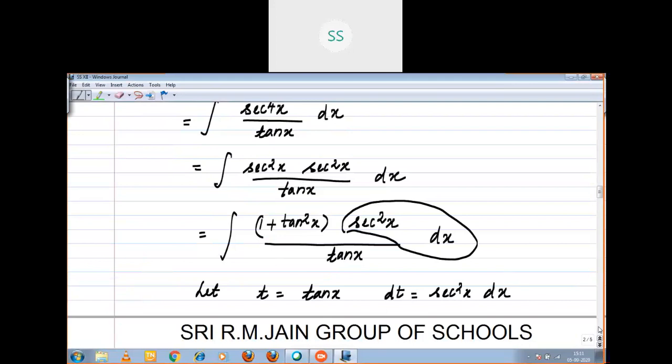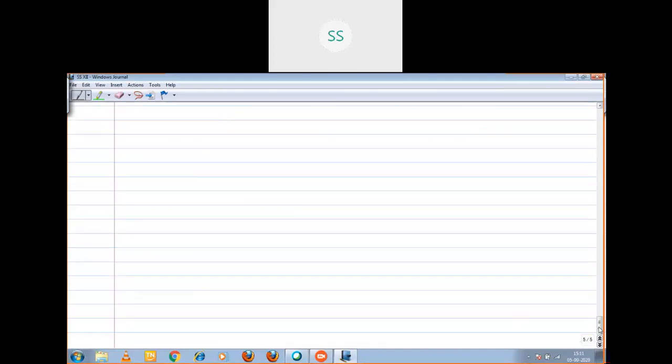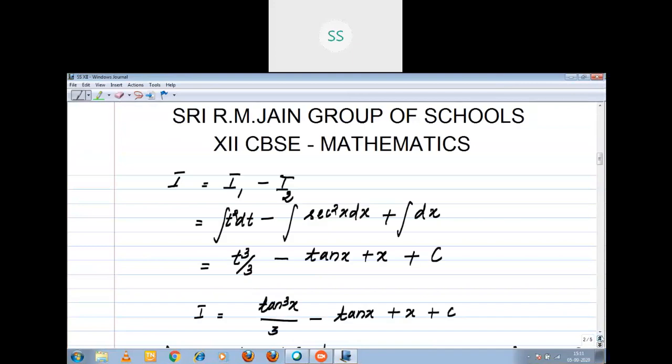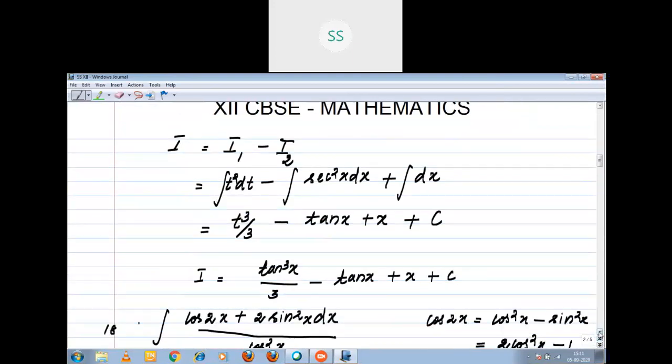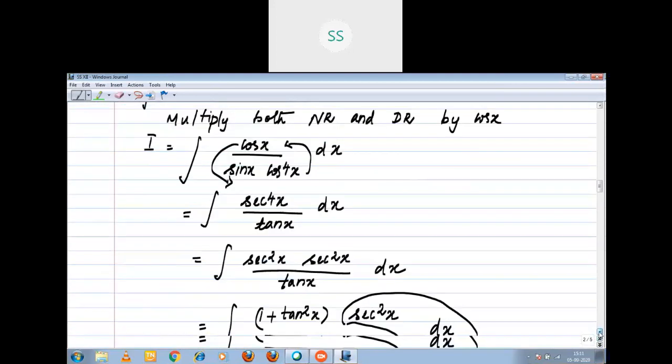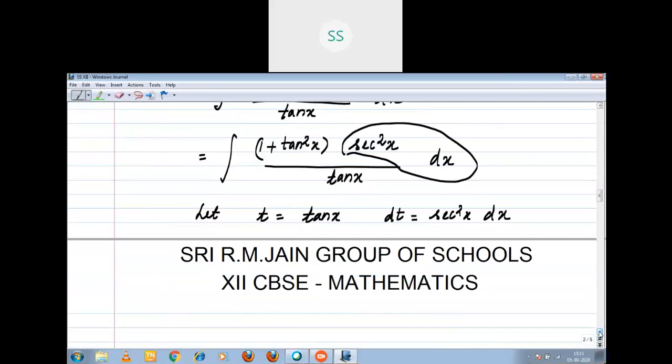Now you see, I equals integral of 1 plus t square divided by t into dt.